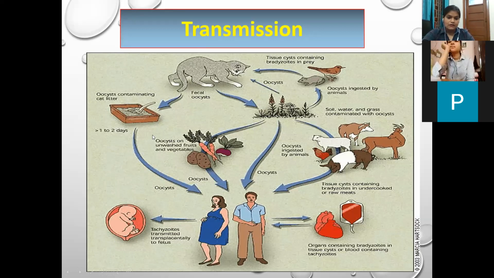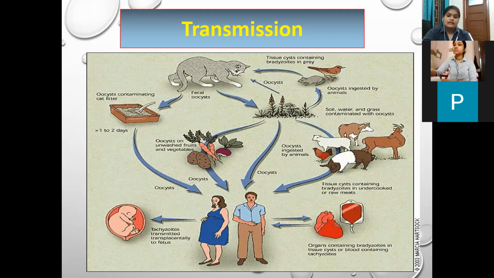Now, what is a tachyzoite actually? Whenever a human being or any intermediate host gets the sporulated oocyst through the food or by any means, it penetrates the intestinal epithelium and rapidly multiplies. The rapidly multiplying stage is known as the tachyzoite. Tachyzoite is the fast replicating stage. After that, if the immune system is sensitized, it forms the tissue cyst and converts into the bradyzoite. Bradyzoite is the slow replicating stage, and both are banana shaped.